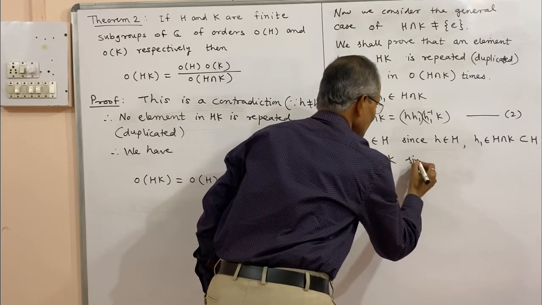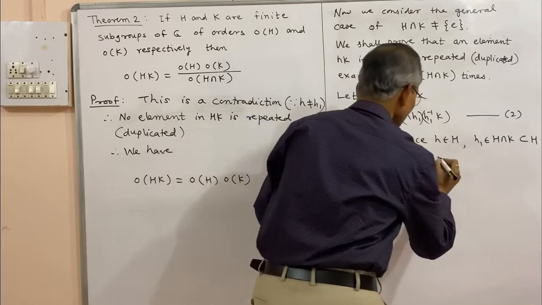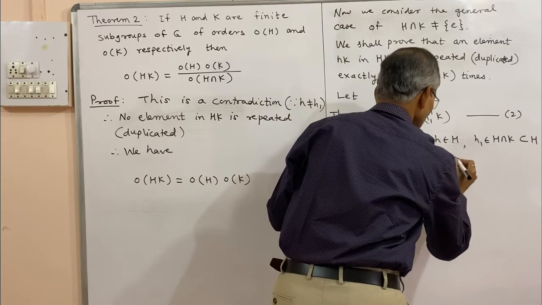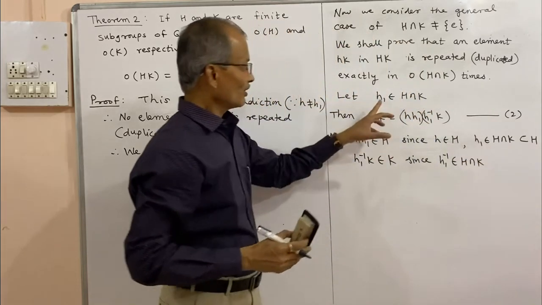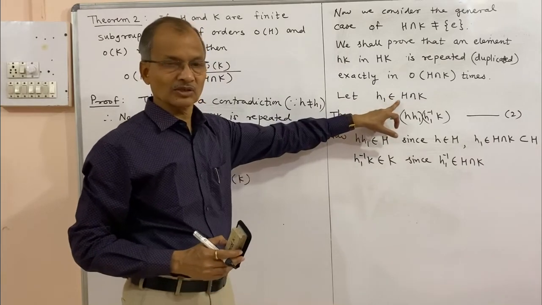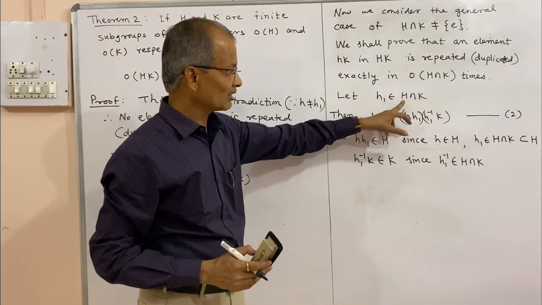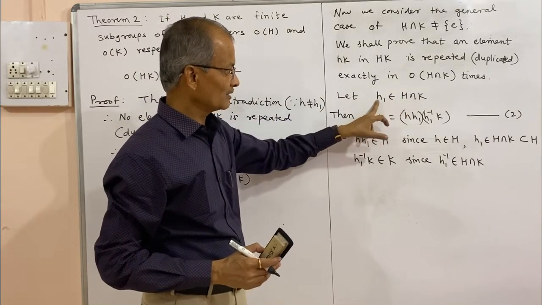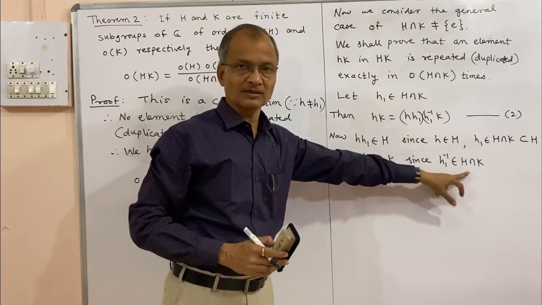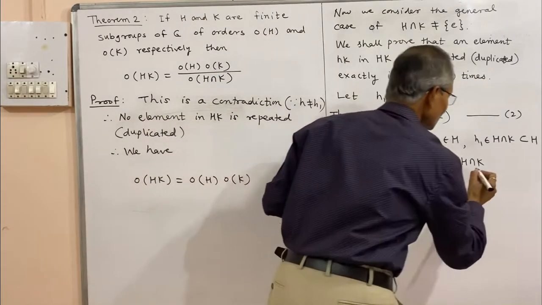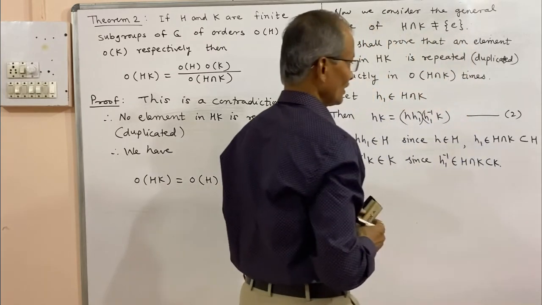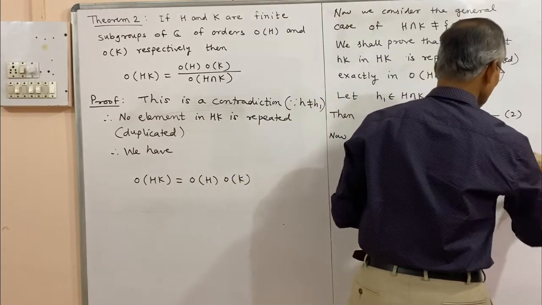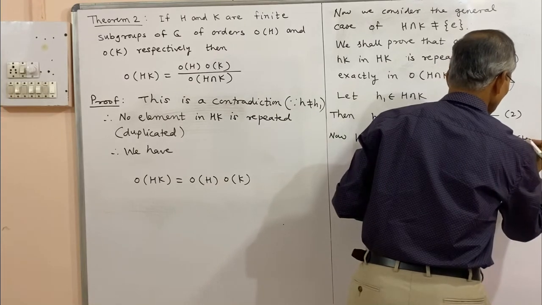And the reason for this is, since H1 inverse belongs to H intersection K. How? Because H1 belongs to H intersection K, and the intersection is a subgroup, so its inverse also is in H intersection K, and H intersection K is a subset of K. So this set is a subset of H, we should note.